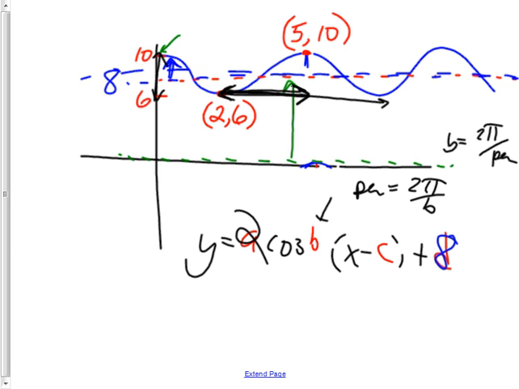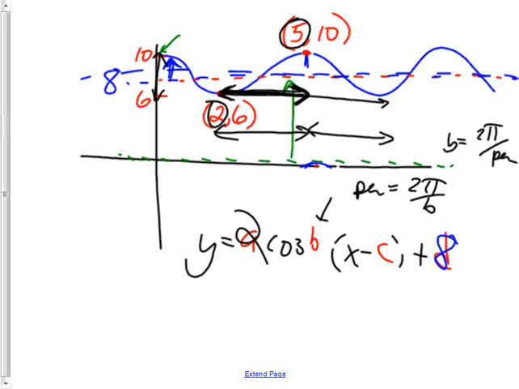How much time does it take to get from the low part of the wave to the high part of the wave? From 2 seconds to 5 seconds. It takes 3 seconds to get halfway through a period. So how long is the period in this case? It's 6. Because this is 3, and it'll take you another 3 to finish it, makes a total of 6. So its period is 6.